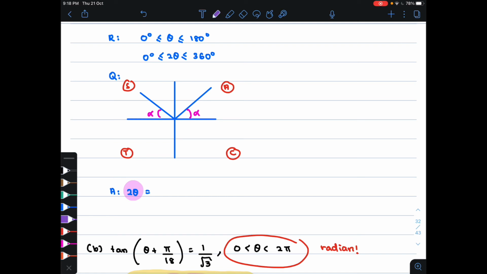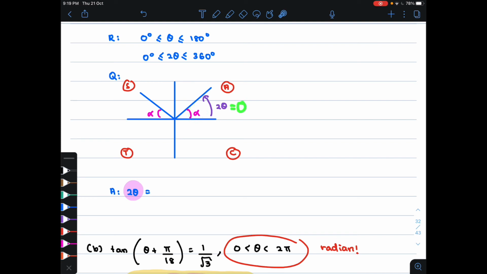So let's start from 0 degree. It goes up and then it touches this straight line. So this is your first answer. This is your first 2 theta. And to find this line, this is actually 0 degree plus alpha.